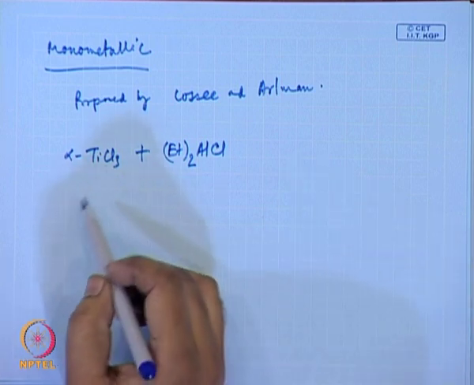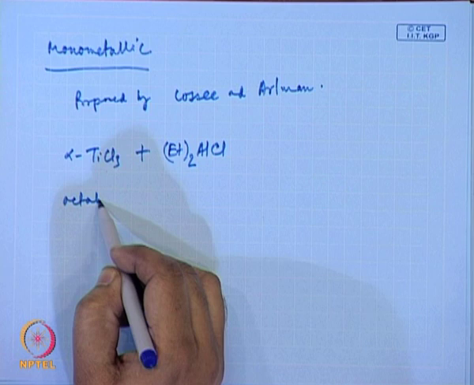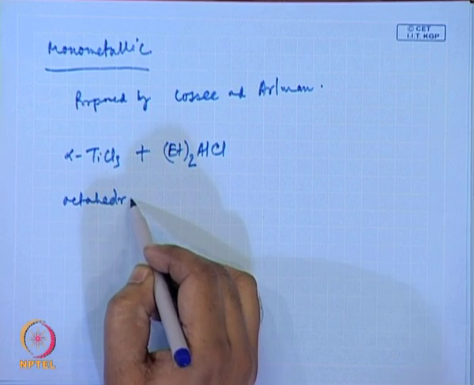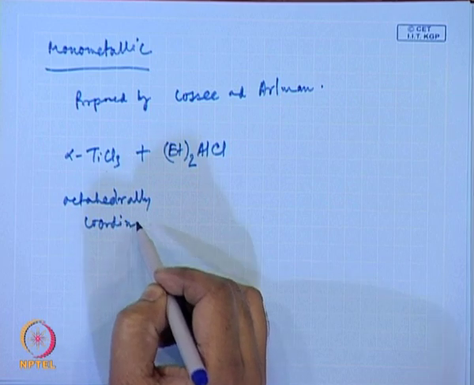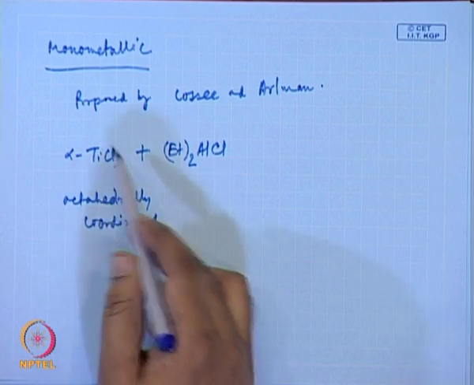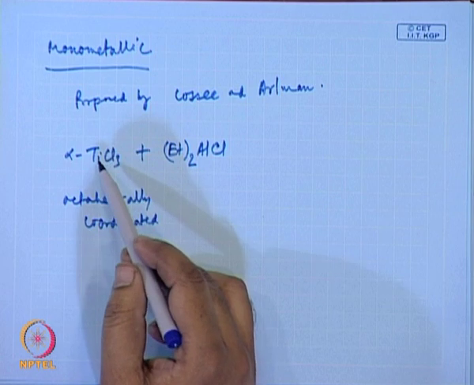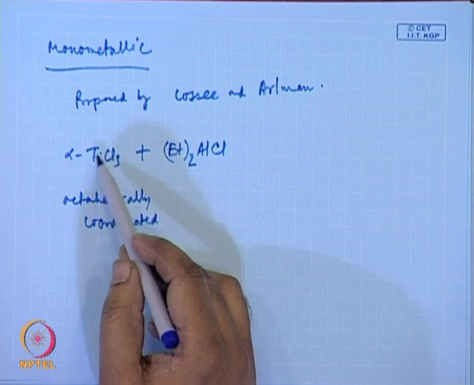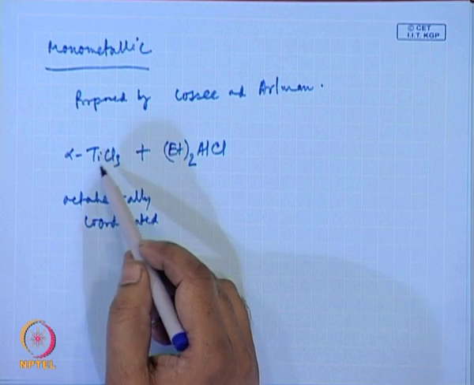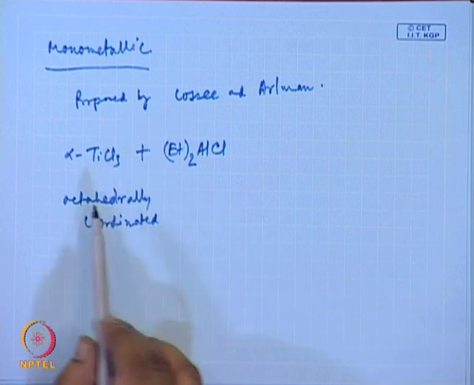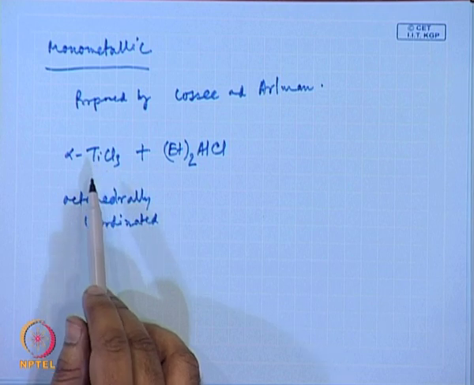Now, this is an octahedrally coordinated crystal, and because it has to maintain electron neutrality, the titanium at the surface is a 5 coordinated titanium and has a vacant d orbital.